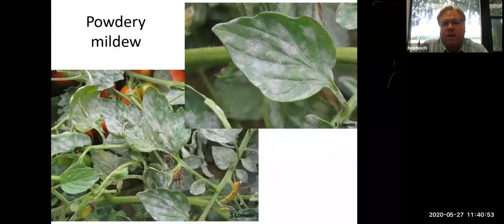Powdery mildew is unlike a lot of other diseases where we want to reduce or eliminate free moisture on the fungal organisms. Powdery mildew is one that doesn't really care that much. If you have a little bit of dew or high humidity, it's enough for powdery mildew to become a problem. And I'm going to make some comments about this later on in some of the cucurbit groups like squash.